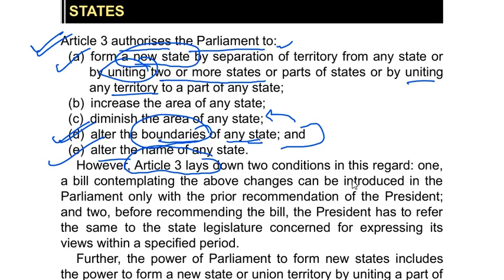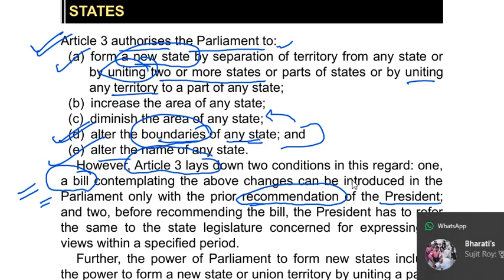First of all, to bring any kind of change under Article 3, a bill must be introduced into the Parliament. But such a bill must need the recommendation or the prior permission of the President of India. So, without getting the permission or the recommendation of the President of India, a bill bringing changes to the existing states can't be introduced into the Parliament.